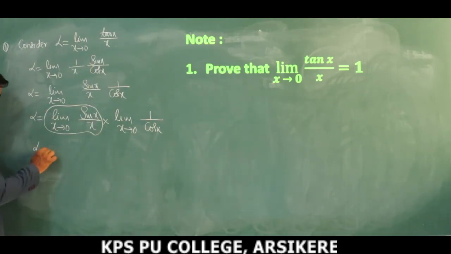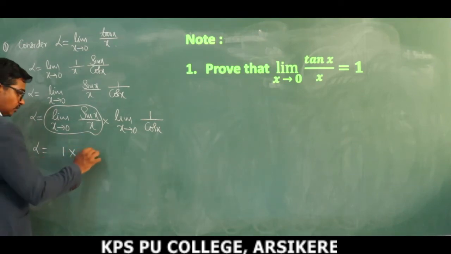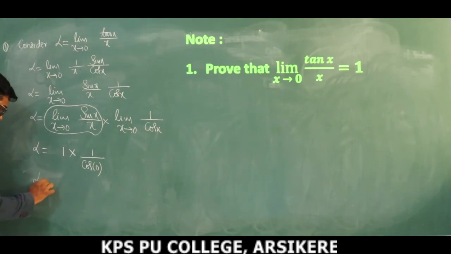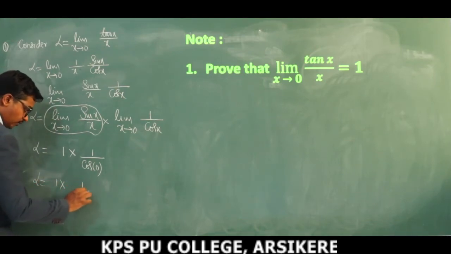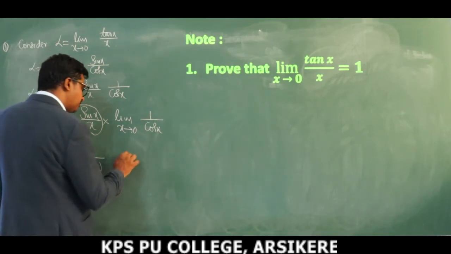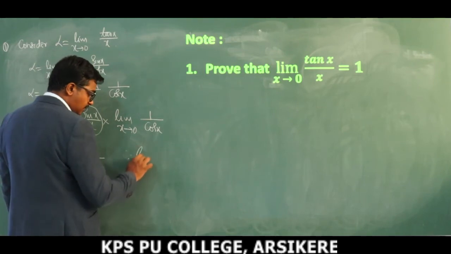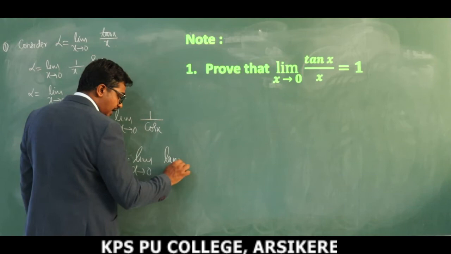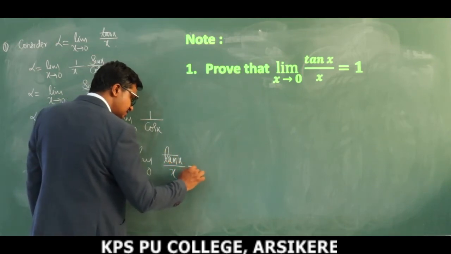Therefore L is equal to 1 into 1 divided by, applying the limit here, cos of 0. L is equal to 1 into 1 over 1. L is equal to 1 into 1, that is nothing but L is equal to 1. Therefore limit as x approaches 0 of tan x divided by x is equal to 1.